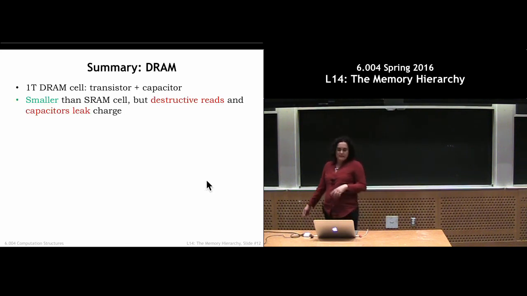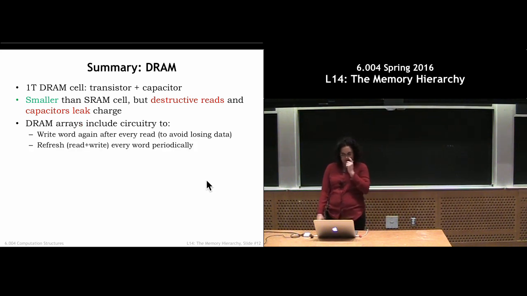So to summarize DRAMs, we basically have a single transistor plus a capacitor. They're much, much smaller than SRAMs, but the negative side of it is that they have destructive reads, and you have to also refresh them. So in order to be able to write back after you do a read, as well as to refresh, you have to add some additional logic in your hardware.